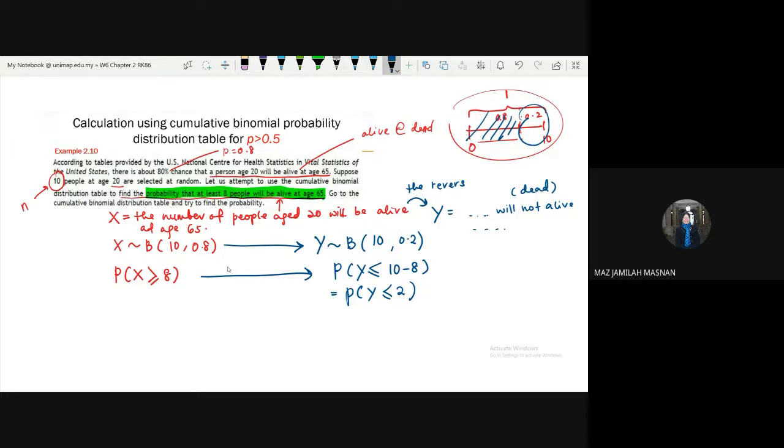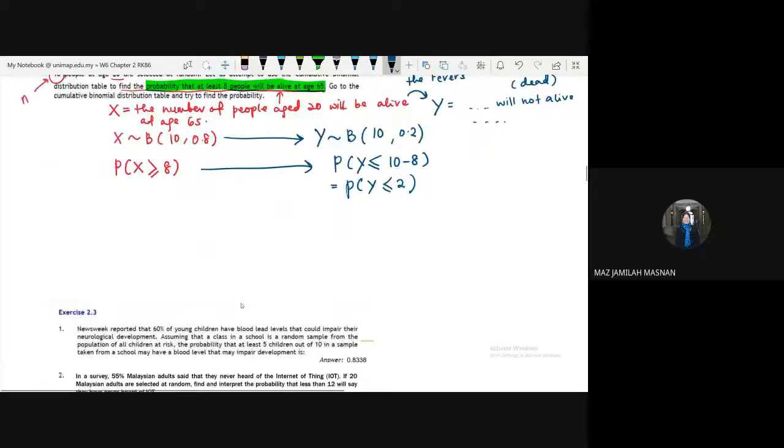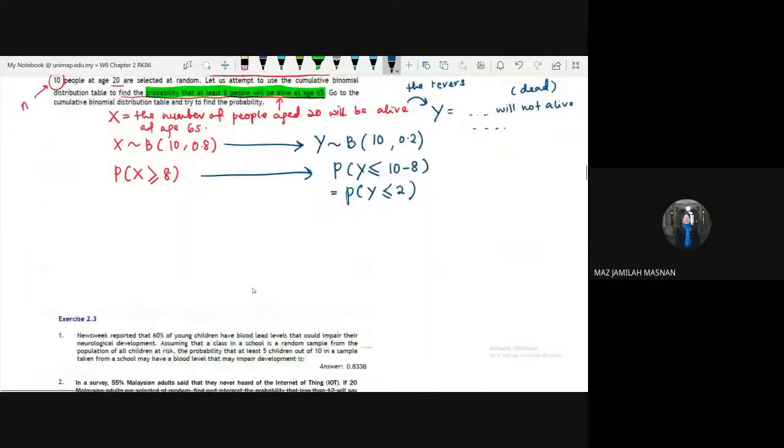Directly from your binomial table, it will give you 0.6778. So how do you interpret the probability of at least 8 people age 20?